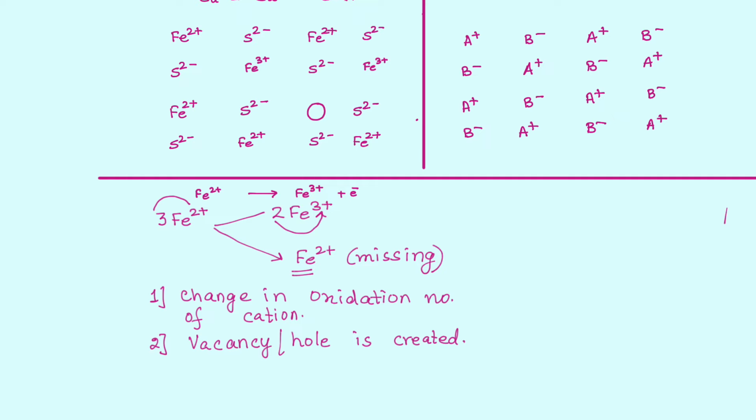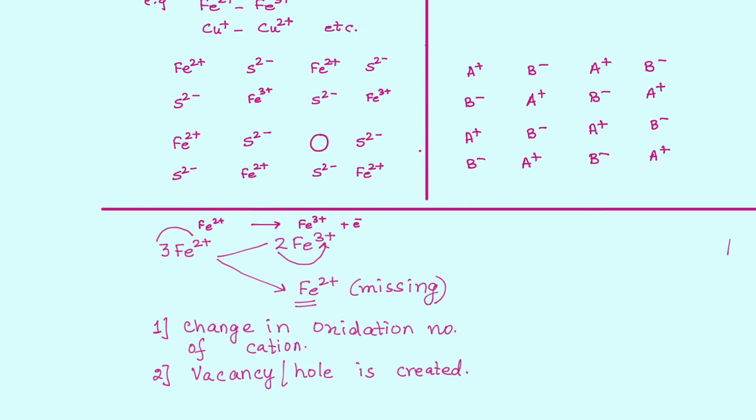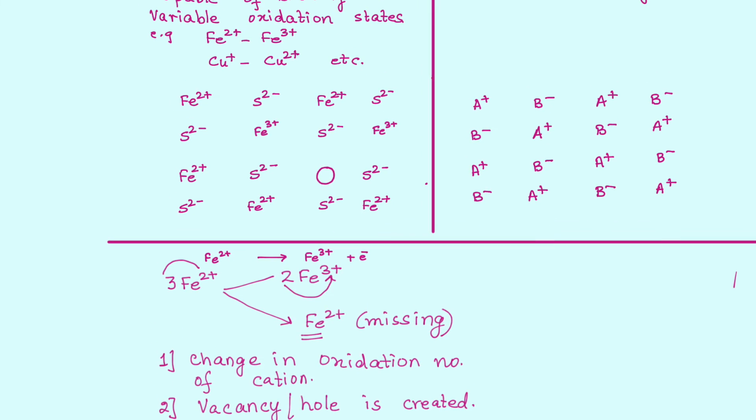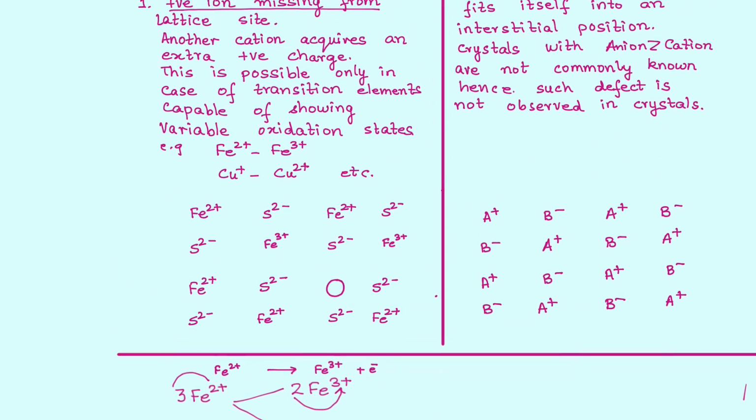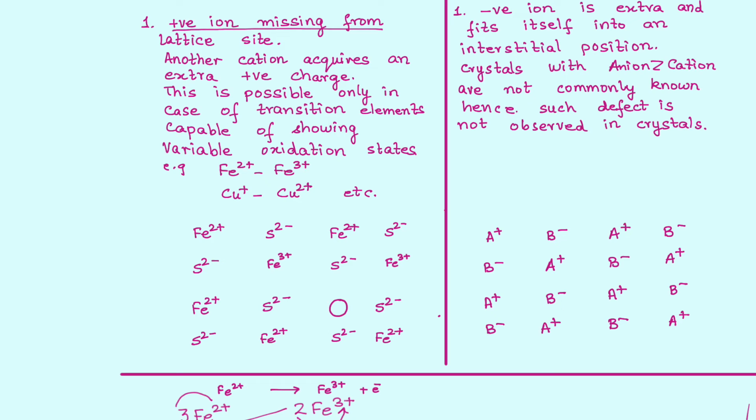Now, what kind of elements or ions are able to show variable oxidation states? Of course, you do have elements in the p block also showing variable valency, but you will most commonly encounter them in elements of the transition block.